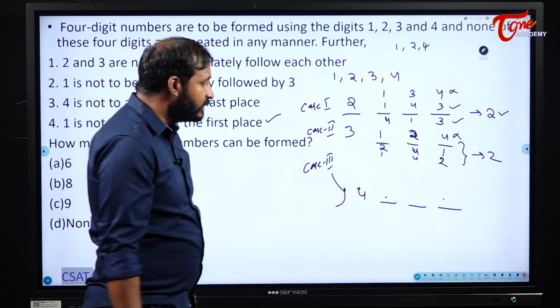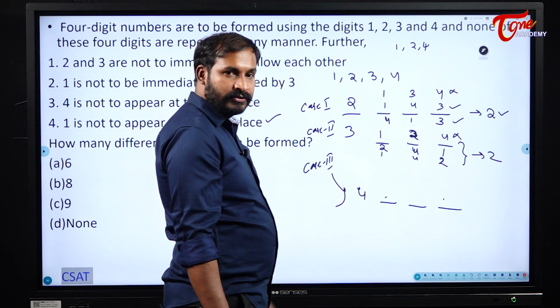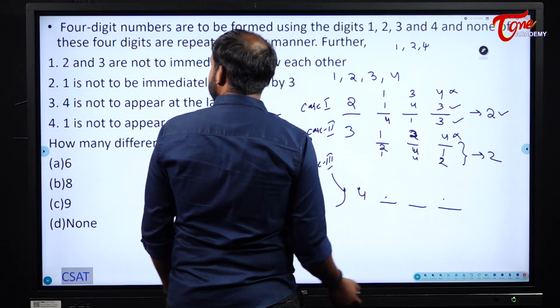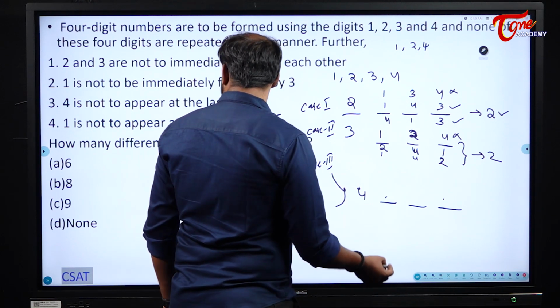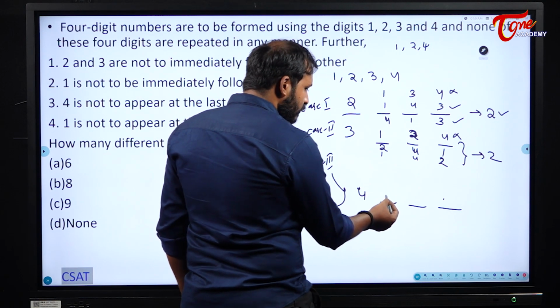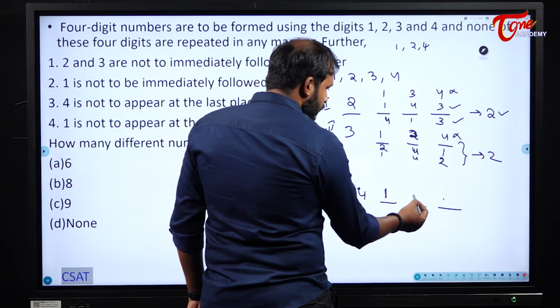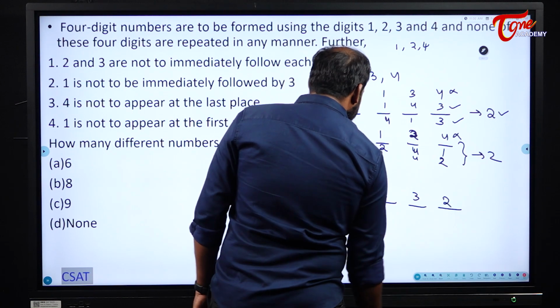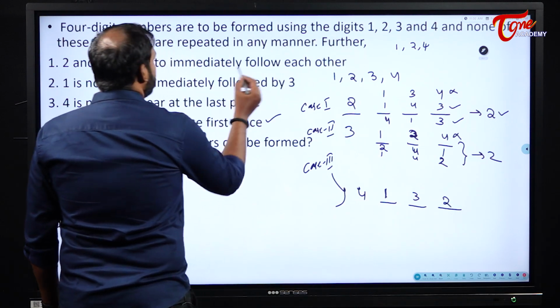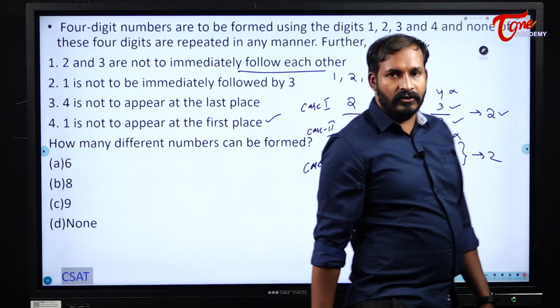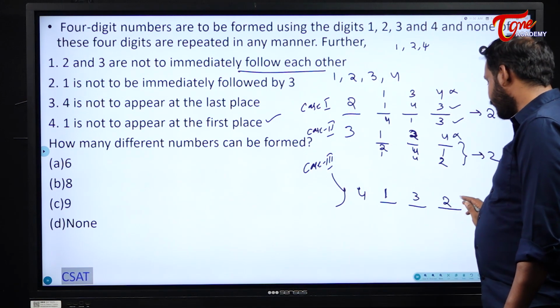And one more thing, our 1 should not follow 3. So what can I write here, students? 4, 1, 3, 2. Can I write this one? 3 and 1 should not follow each other immediately. So this is not possible for me.